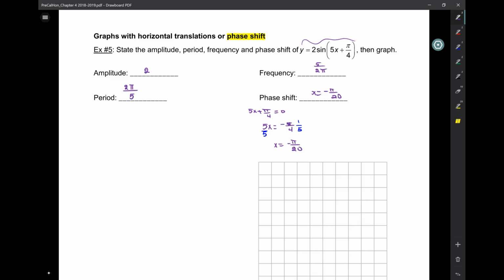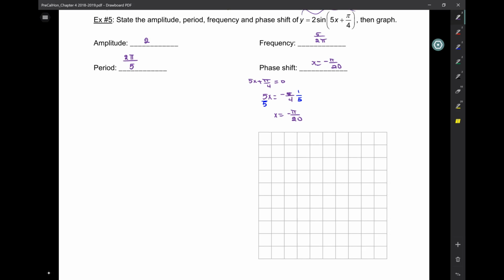Okay? All right. Now we're going to graph. Here's what we're going to do. We're going to take the term inside the parentheses here. And just like we did before, we're going to bound it in between the default start and end of the period of the sine.